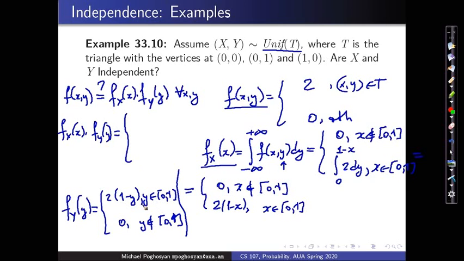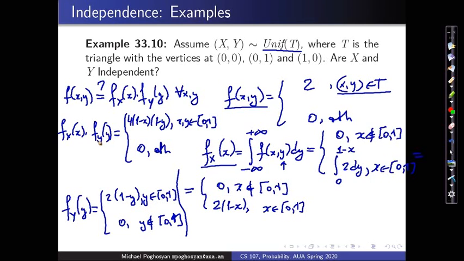So this is equal to this times that, so 4 times (1 minus x)(1 minus y), if x and y are between 0 and 1. And otherwise it is 0.